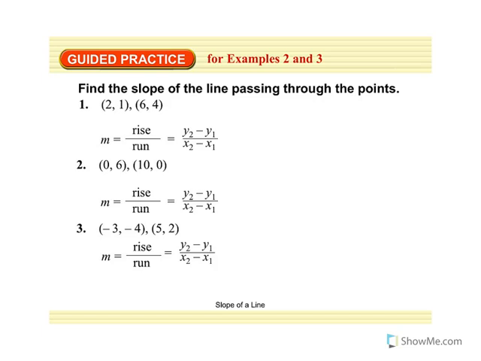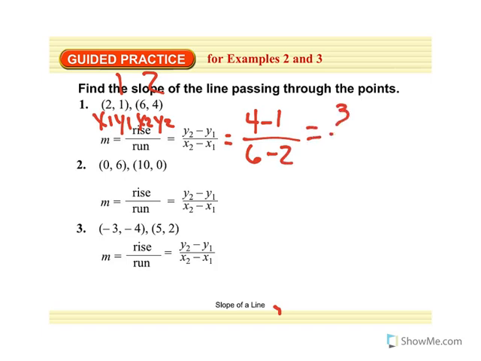Okay, let's take a look at these with just coordinates. Find the slope of the line passing through these points. I'm going to call this coordinate 1 and 2, which means I have my x1 and y1, and my x2 and y2. My y2 minus y1 is 4 minus 1, and my x2 minus x1 is 6 minus 2.